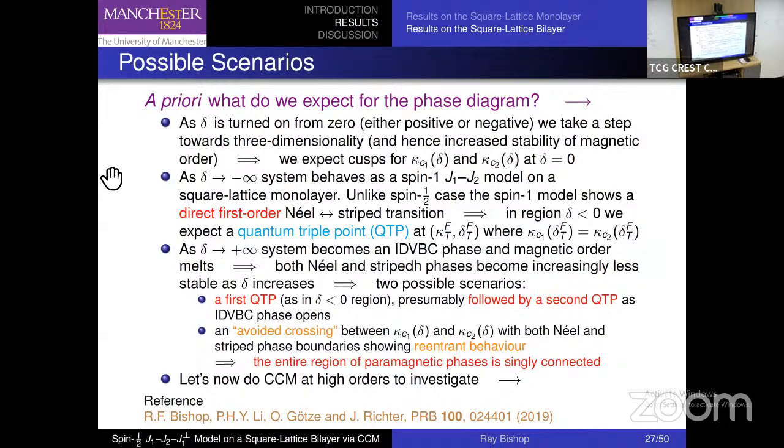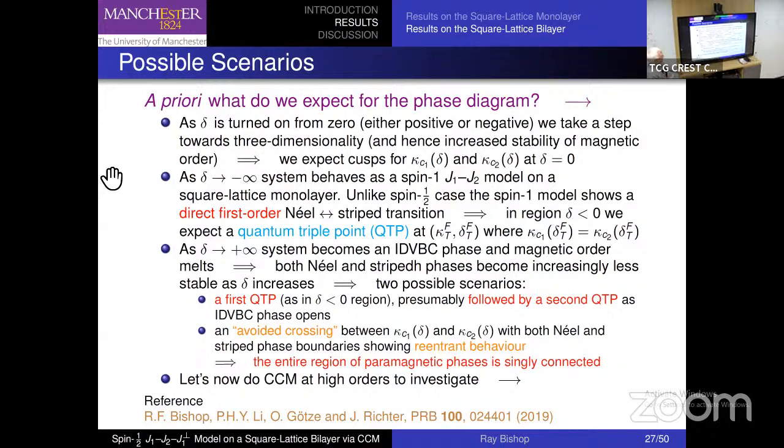So what we expect, and you'll see this, is that you expect cusps in this case because these phases should extend further than they did for the case where we had the monolayer. And as delta goes to minus infinity, it behaves as a spin one monolayer.